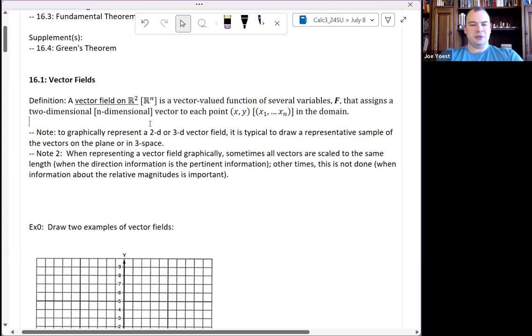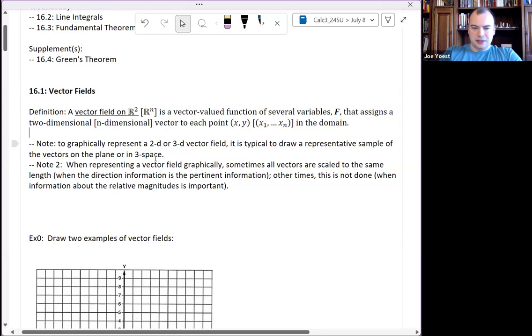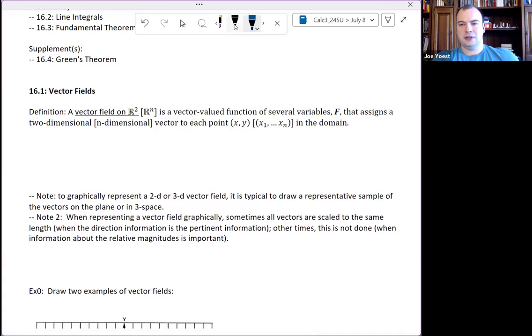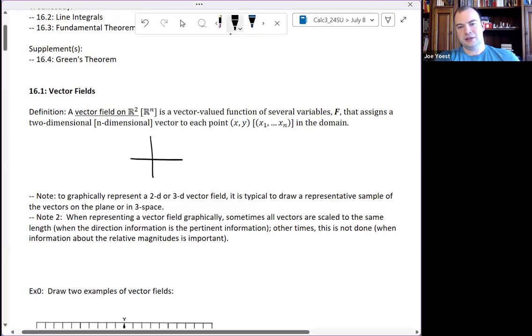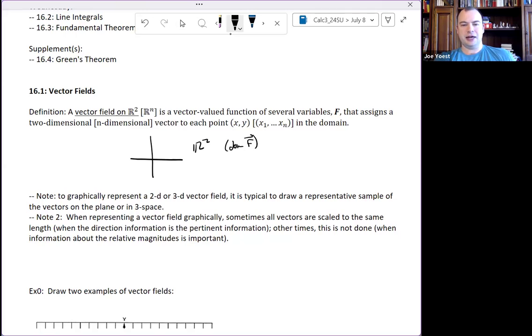So what does that mean? Well, it means, for instance, in a two-dimensional domain, we'll take this to be the domain of our function f. My inputs to f are points in the domain, like maybe this point, say (1, 1), and my output is a vector.